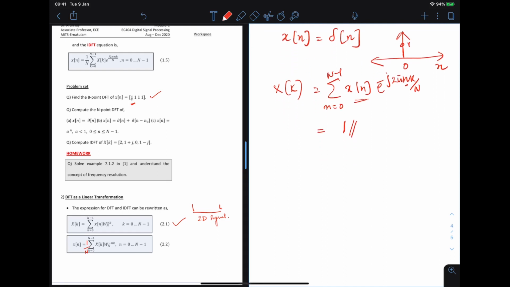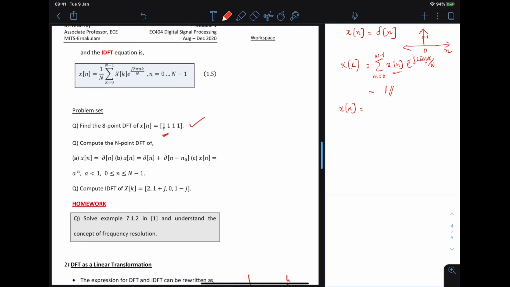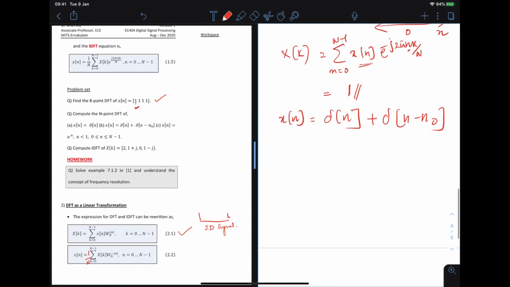Similarly, let us go to the next question. Find the N-point DFT of x of n equal to delta of n plus delta of n minus n0. So how are we going to do it? Again, the same method.